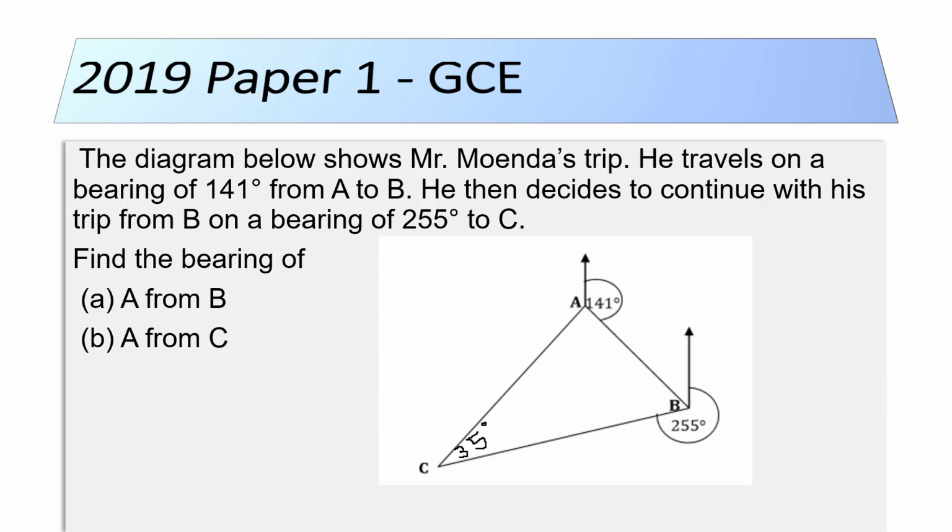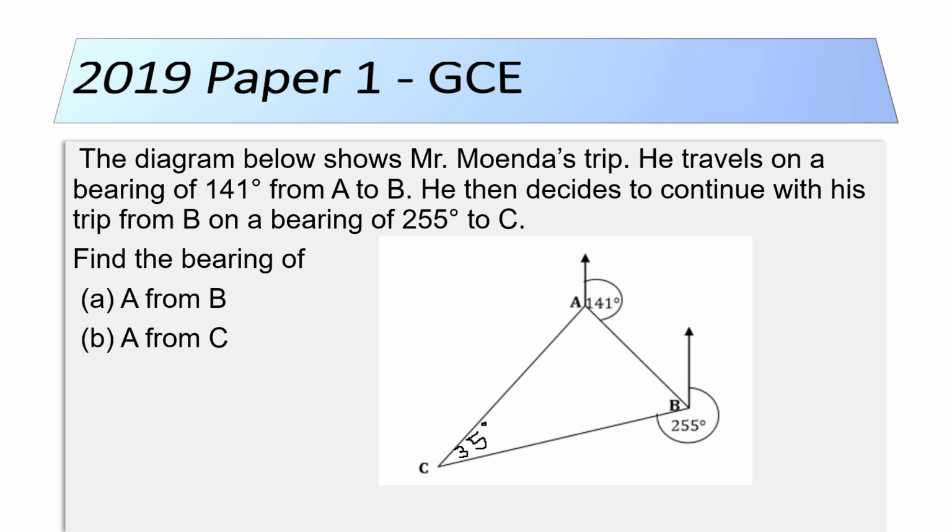Now let's do an example on how to calculate for the bearings. I've gotten this question from the 2019 GCE paper, a Zambian paper for grade 12, GCE 2019 paper 1. Here's the question. The diagram below shows Mr. Moenda's trip.